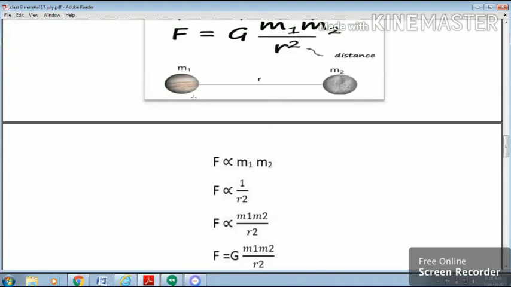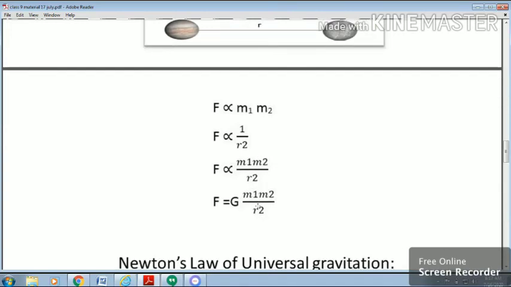Next, force is inversely proportional to the square of the distance between them, that is 1 by r square. Directly proportional to m1 into m2, inversely proportional to 1 by r square. So when we combine these two, we get F is proportional to m1 into m2 by r square.